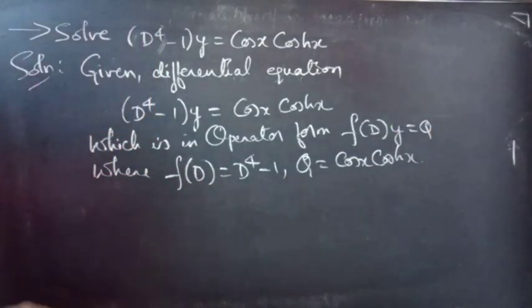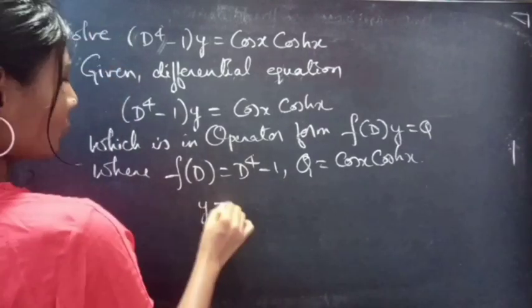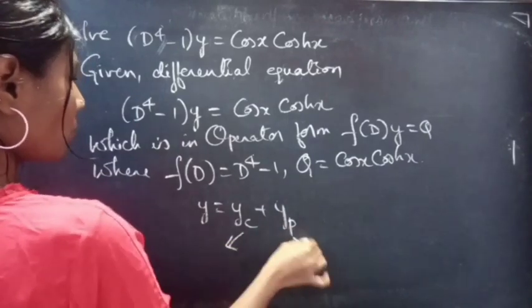Right? Now we need to find the general solution to the given equation, which is given by y = yc + yp. Here yc is the complementary function, yp is the particular integral.